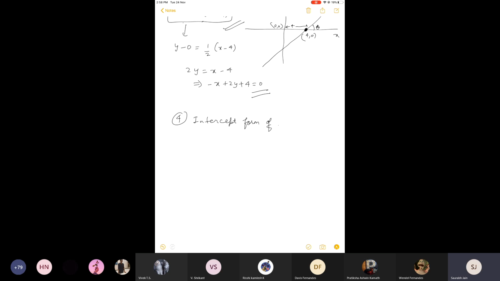Intercept form of equation of line. Now in this they give both the intercepts.